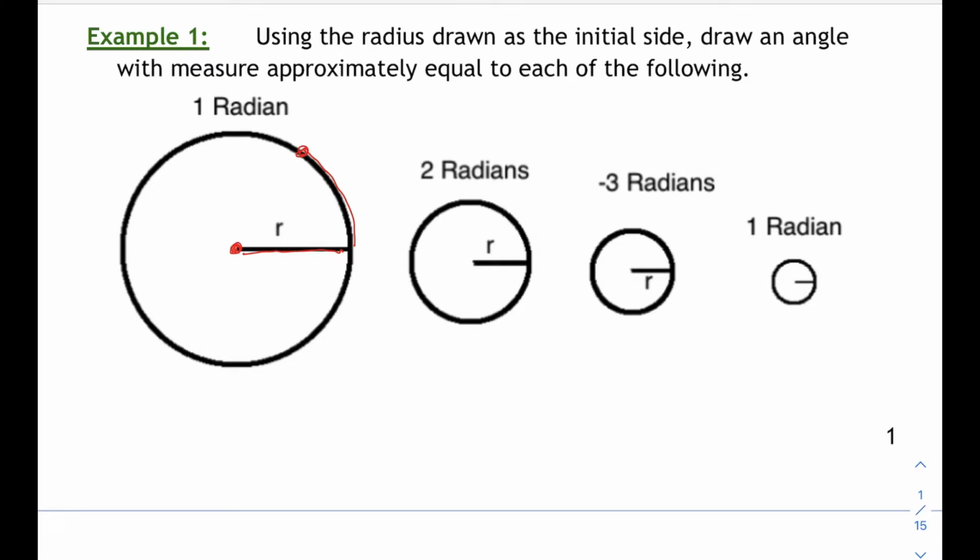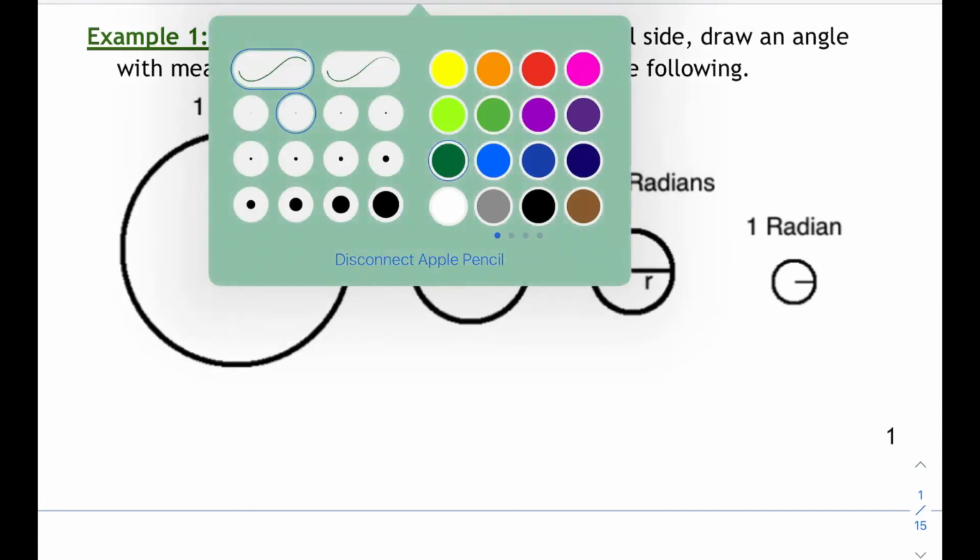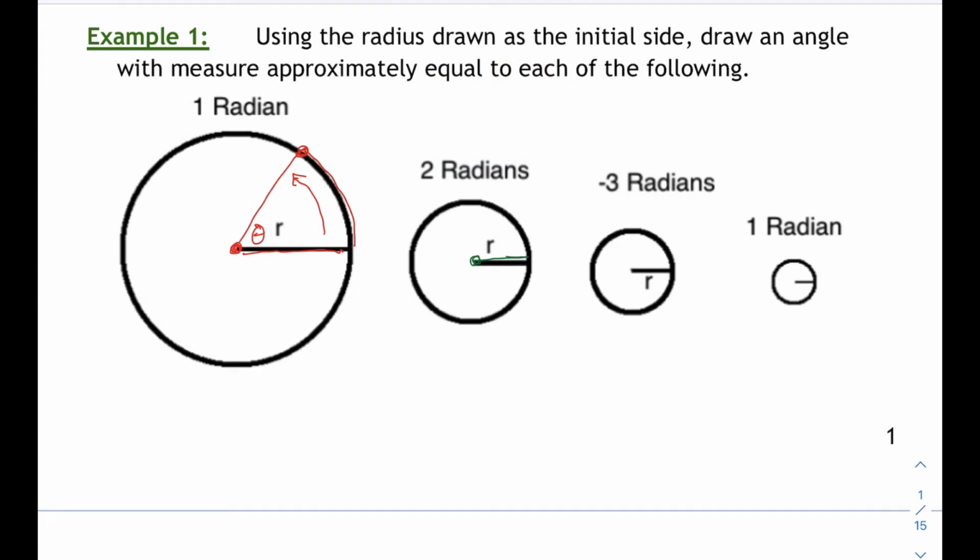So these are going to be approximate here, but it looks like if I made that my central angle, that would be an angle of 1 radian. If I'm talking 2 radians, this is a smaller circle, but 1, 2 approximately, that looks like an angle measure of 2 radians.